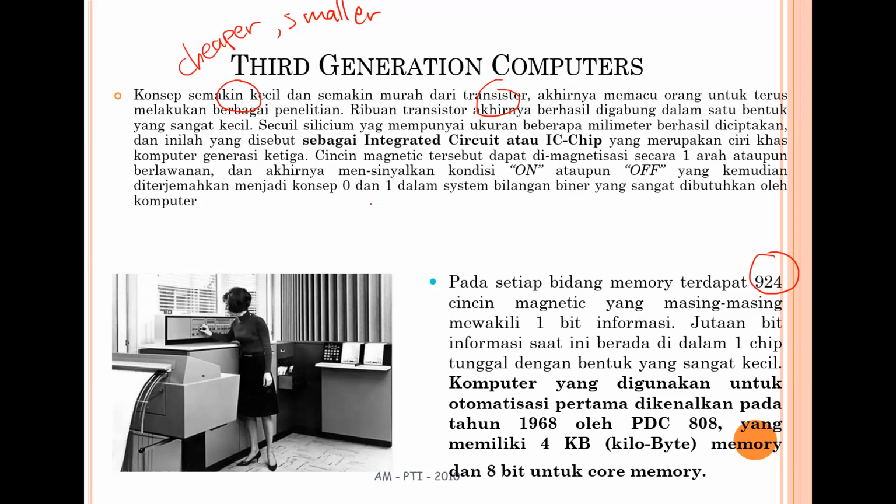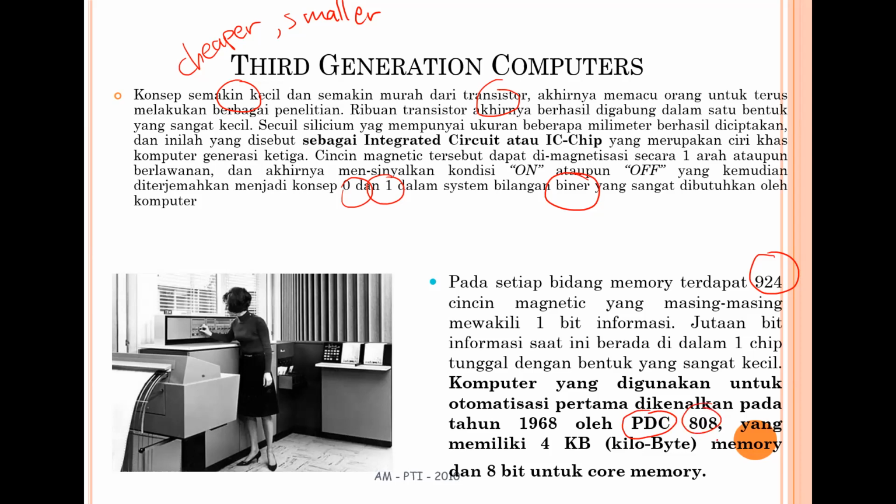And also there is a binary concept here, as we can see, 0 and 1. The computer concept is already introduced here. And then there is the automation. The example of the third generation, we call it PDC 808.